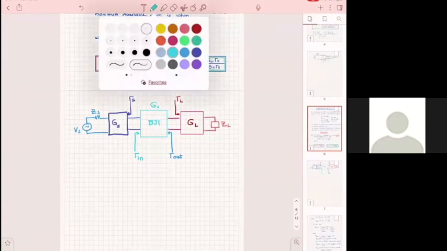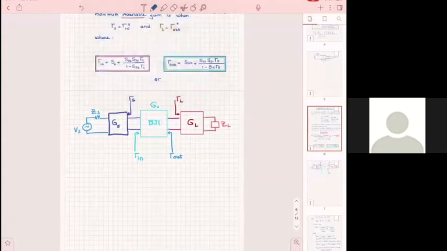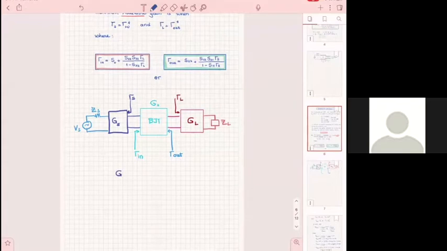So the total gain, say G, let's assume this is the transducer gain or the available gain, with complex conjugate matching at the source and complex conjugate matching at the load. So the available gain will be GS times G0 times GL.